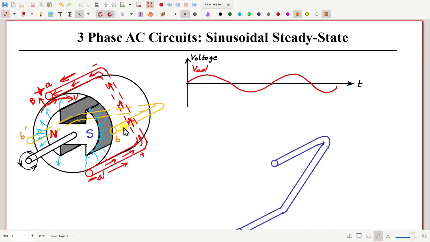So suppose this angle is 120 degree in space.